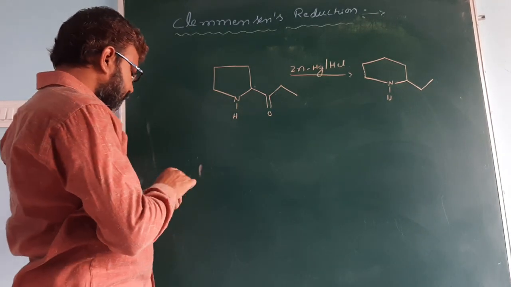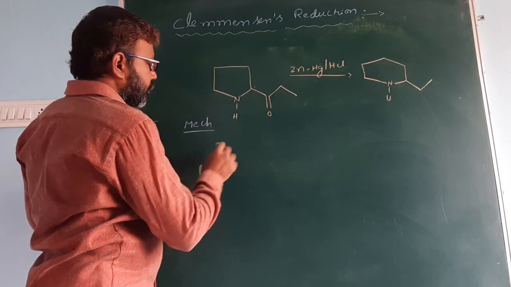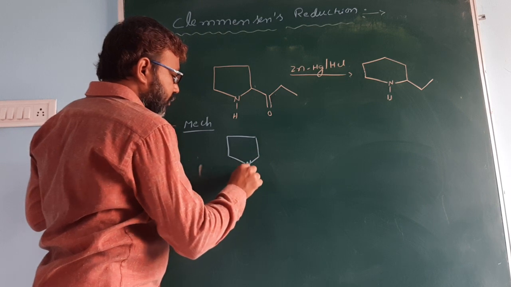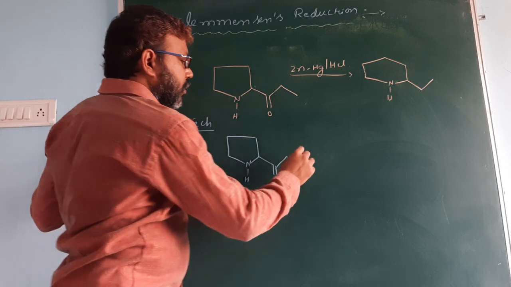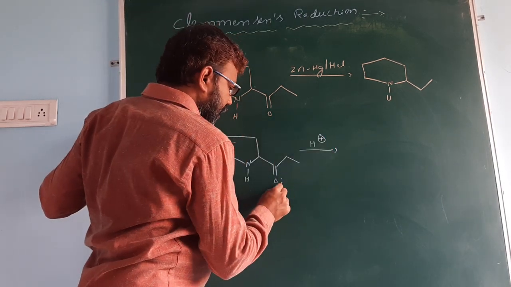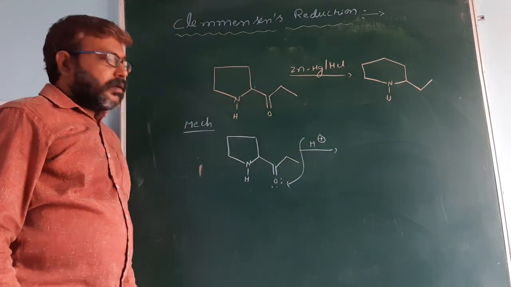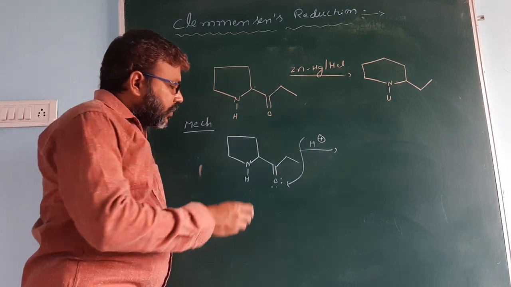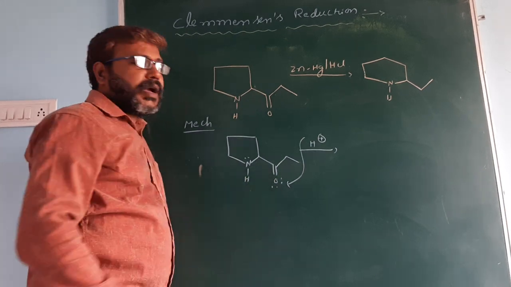Now you see the reaction mechanism. The reaction takes place in acidic medium. Now this H plus ion attacks. There are two possibilities: nitrogen has a lone pair of electrons, and oxygen also has a lone pair of electrons.